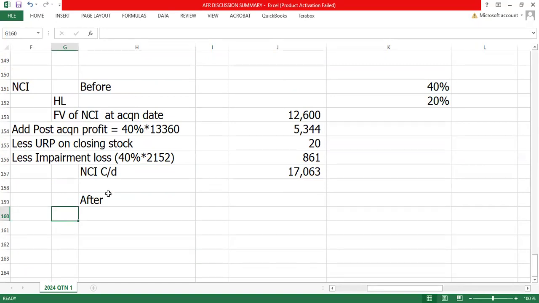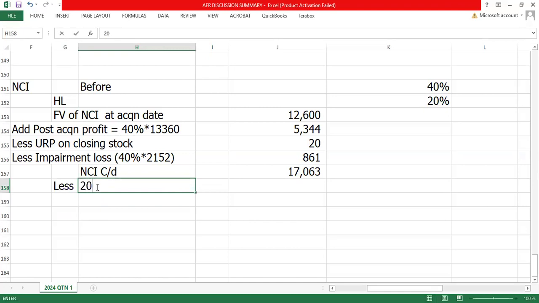Initially it was 40, now you want to reduce it by 20.